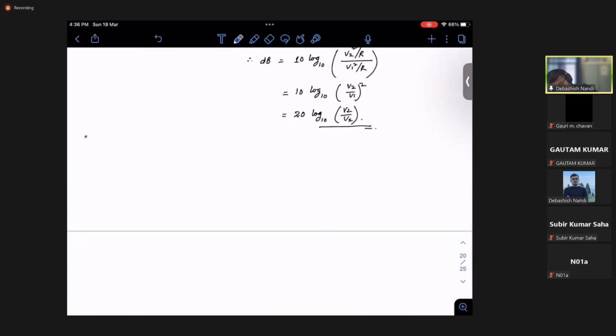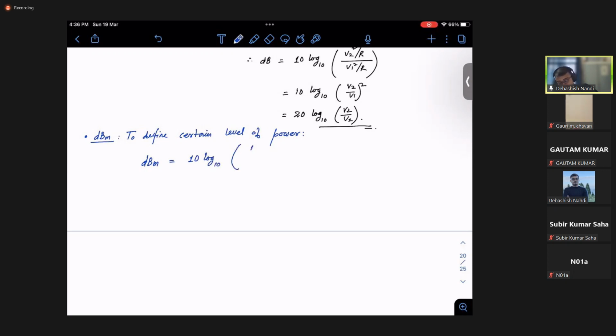It is used to define a certain level of power. And what is the definition? Your dBm is 10 log10 of power divided by 1 milliwatt.